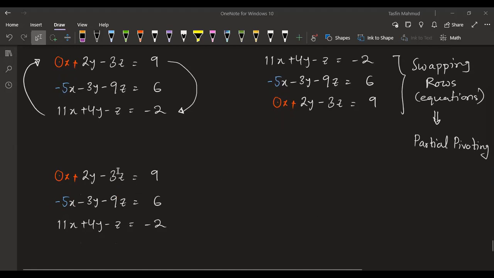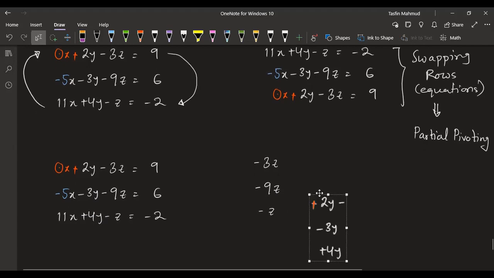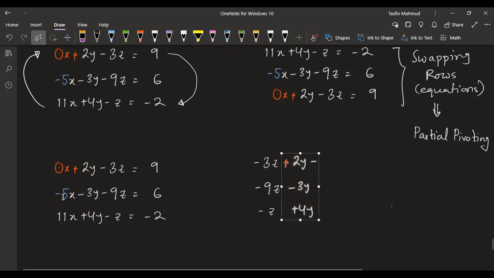Let's assume we are swapping the third column. We are taking this in the front. We are taking the z variable in the first place. Then we are taking the y variable. And then we can take the x variable in the last place.